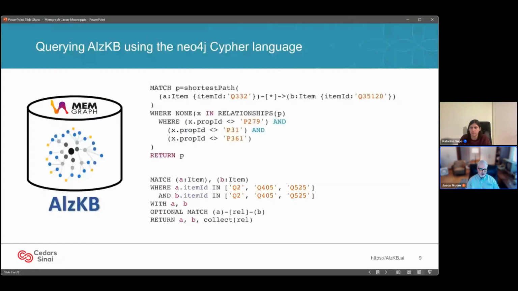Now, as all of you know, sorry, I have a typo here with Neo4j. I'll just mention that we started out this project using Neo4j and decided to switch to Memgraph because we believed that Memgraph would give us a performance improvement, which it has.